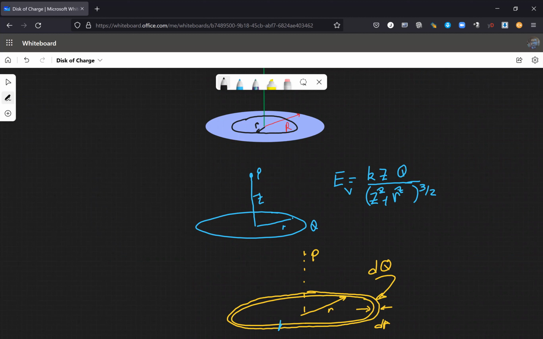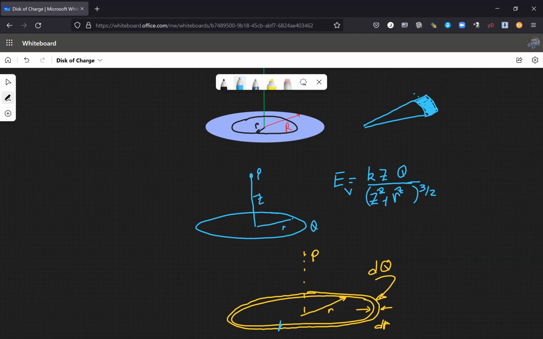The other one, we'll just start from basic principle. We'll create, you know, maybe elements like this. Here's the center. We'll create element charges like this.